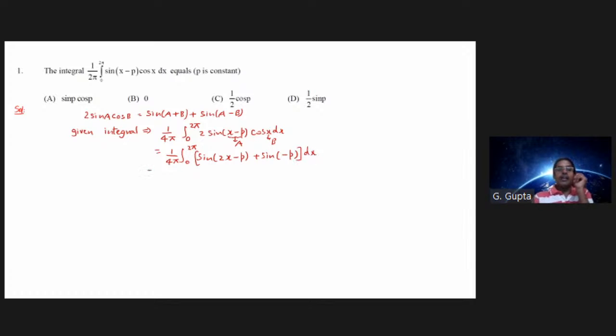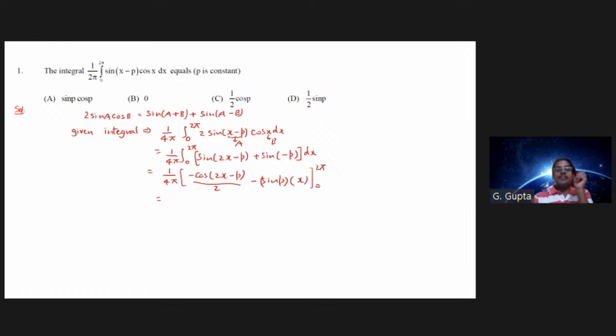So 1 by 4 pi, sin x integration is minus cos x. x means here 2x minus p. Because this is integration, you should divide by the x coefficient 2. The second term sin minus p is a constant, and constant integration is constant into x. So this is between the limits 0 to 2 pi.